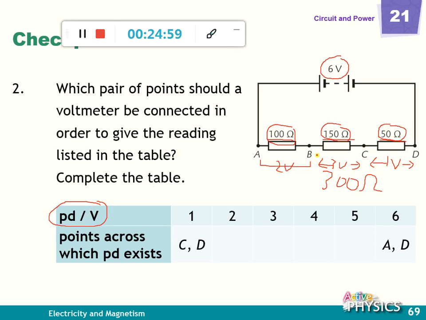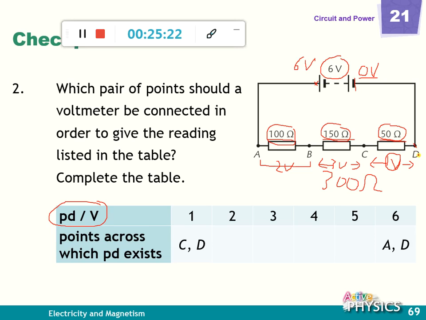Okay, not the potential. Here, usually for the negative terminal, we will say 0 volt. This 0 volt will be the potential. This one, the potential will be 6 volt. Once again, this 1 volt is just only potential difference, not the potential.